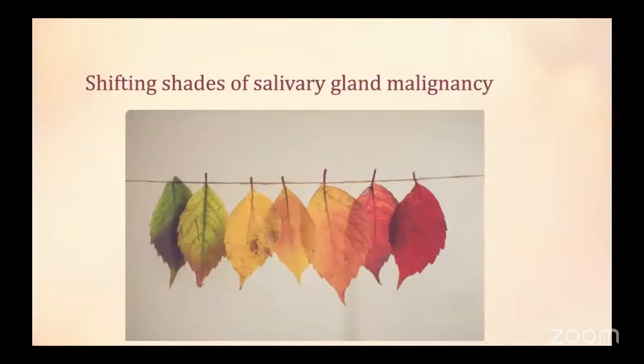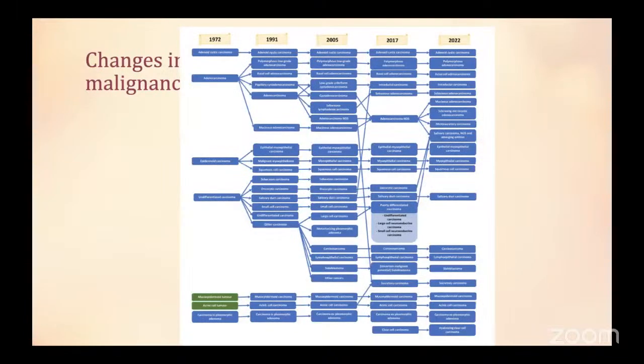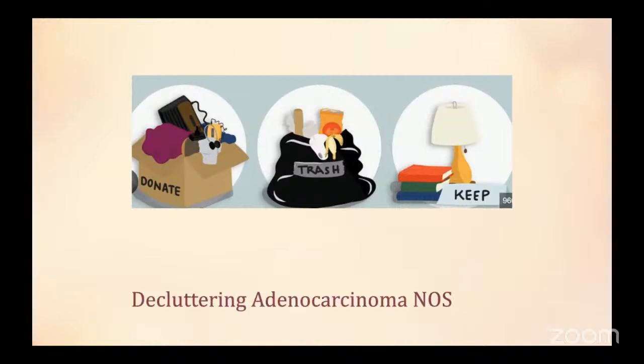So shifting gears from the salivary gland benign to malignant. In the malignant, as we can see in the latest edition, the majority of the grouping, regrouping, everything has been done in the adenocarcinoma, not otherwise specified group. So we can say that there has been a lot of decluttering happening in this adenocarcinoma, not otherwise specified group.